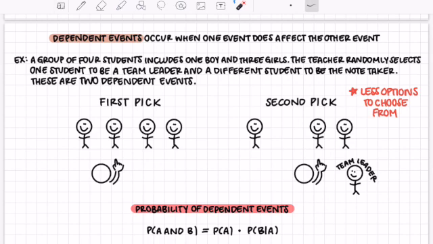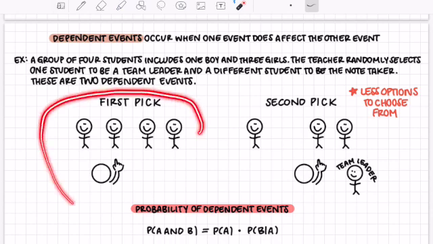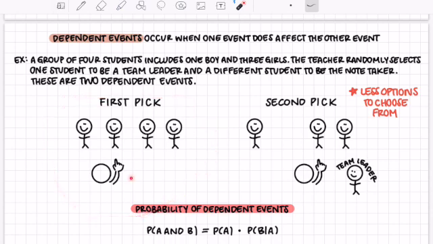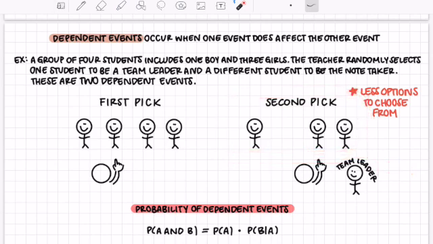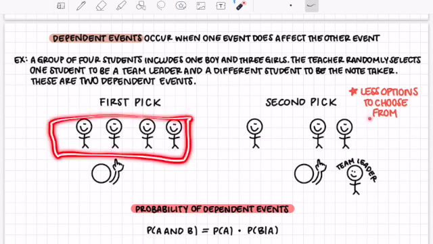The reason why is because during the first pick that the teacher does, the teacher is going to pick somebody to be the team leader, okay? And so now, in the options that the teacher is going to choose from, there's only going to be 3 students left because again, we already picked 1 student to be the team leader. And so this would become a dependent event because our options went from 4 to 3.